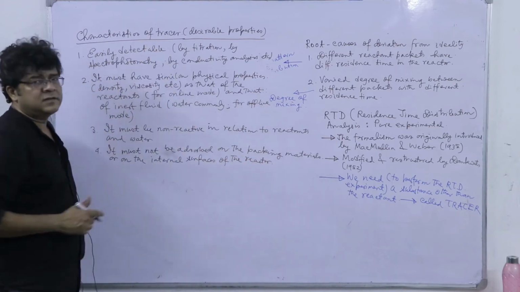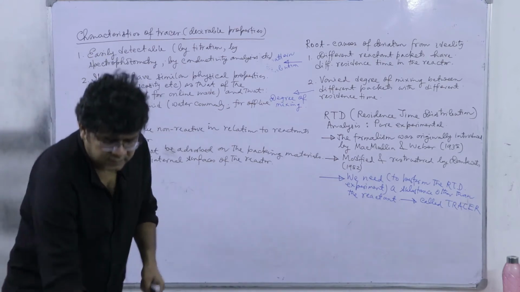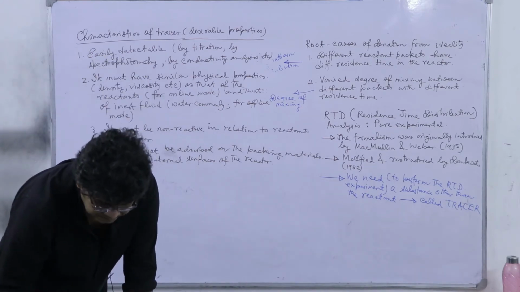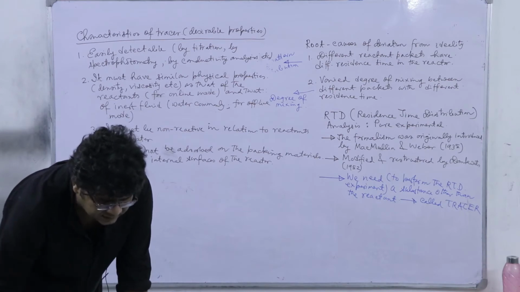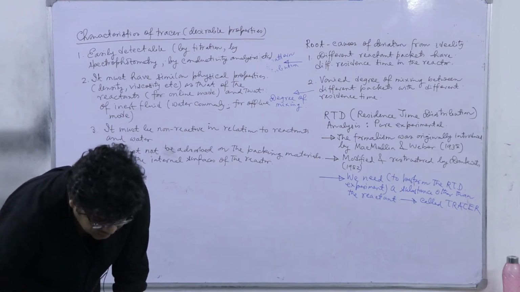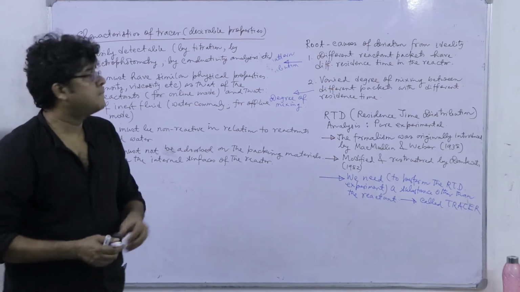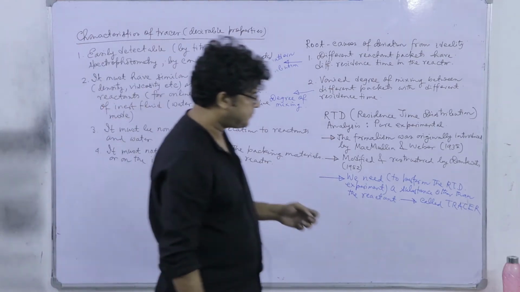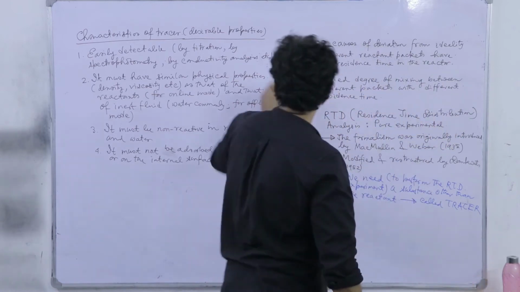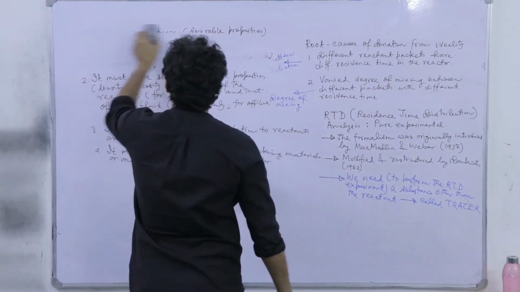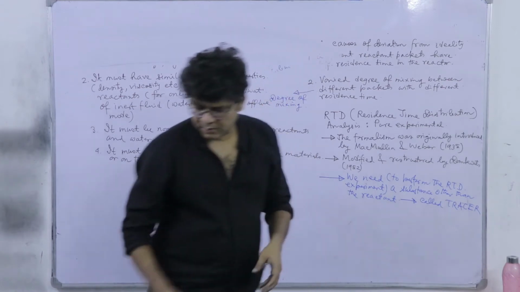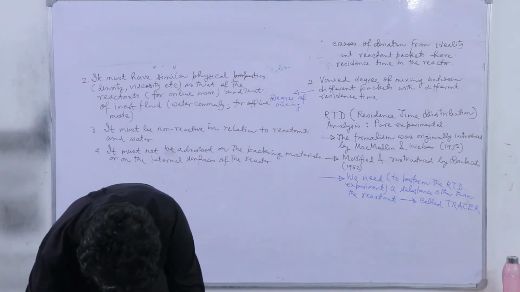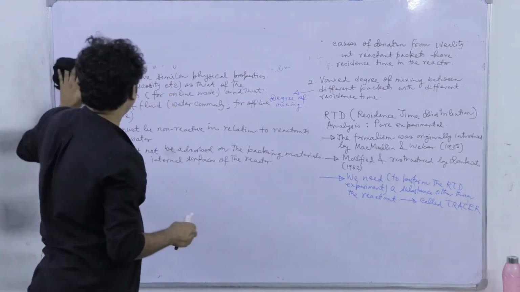So, these are the desirable properties of a tracer, and once a chemical satisfies these properties, we can use it as a tracer. Now, how to measure this RTD, right? There is measurement, and what will we measure?